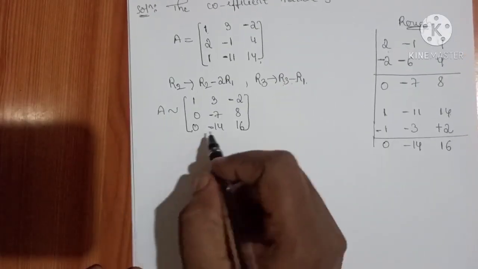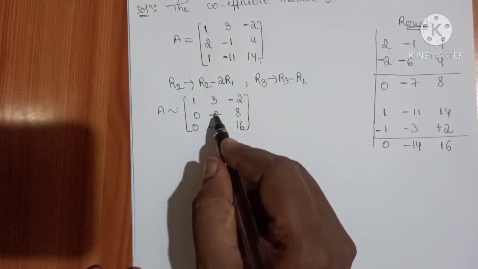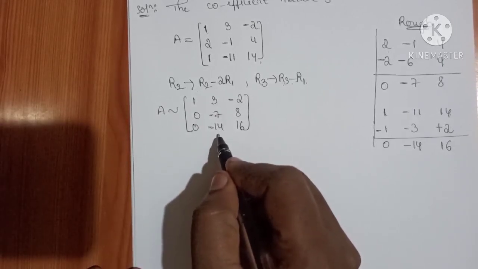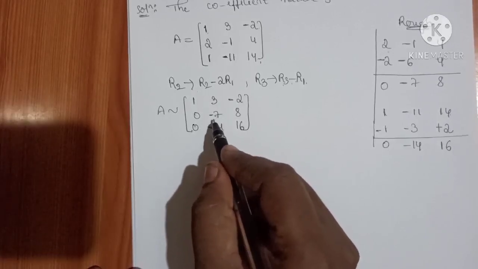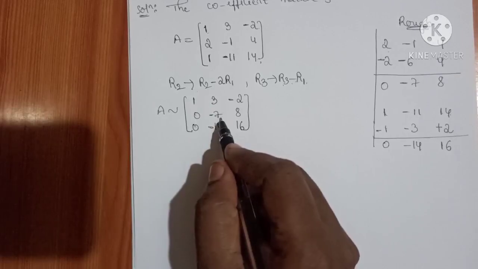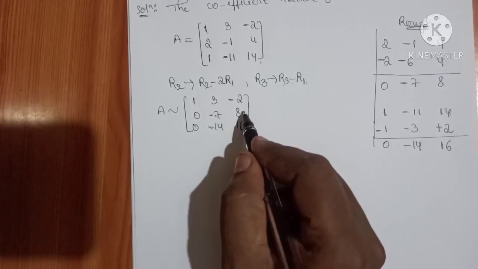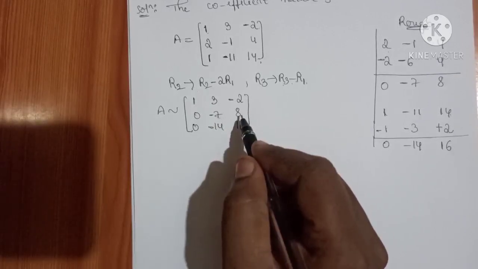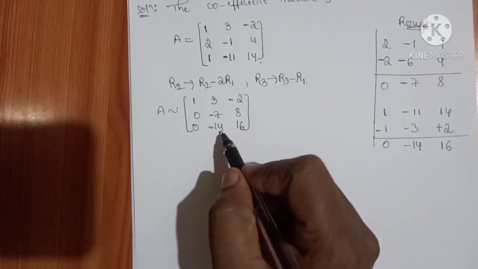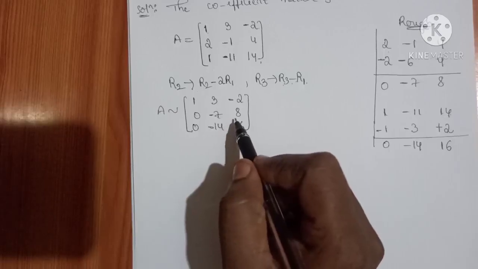Now before making this element 1, first we shall make this element 0, because if we first make this element 1 by dividing by minus 7, the next element becomes a fraction, so the calculation to get this term 0 will be very lengthy and complicated.